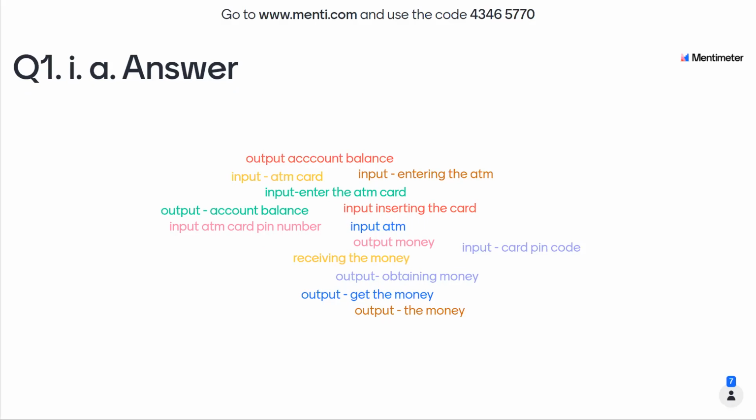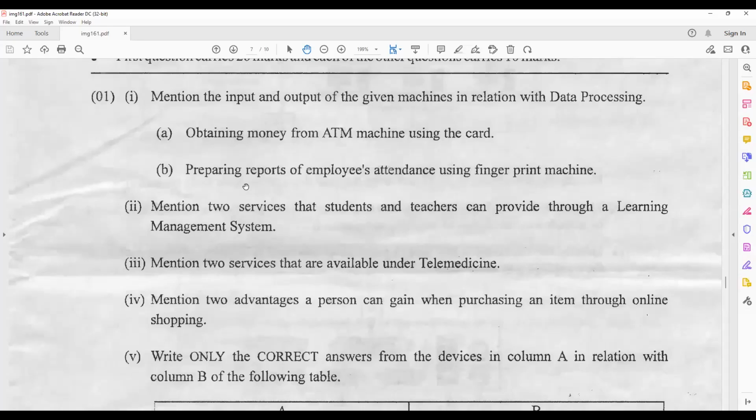Okay, so the second question is part 1A, preparing reports of employees' attendance using fingerprint machine, right? Let's provide the answer for that. Now you know how to do.